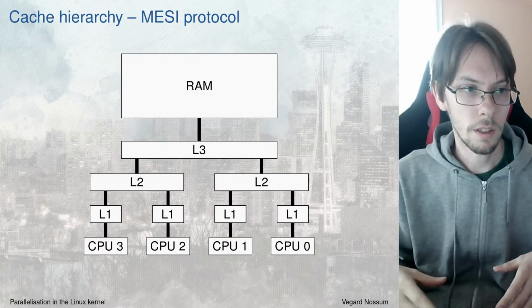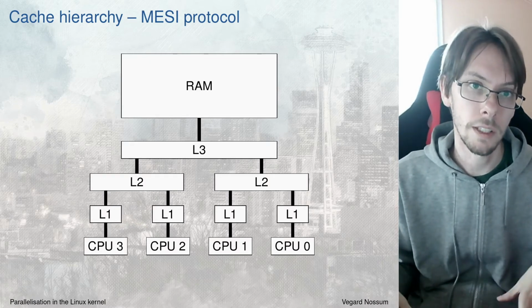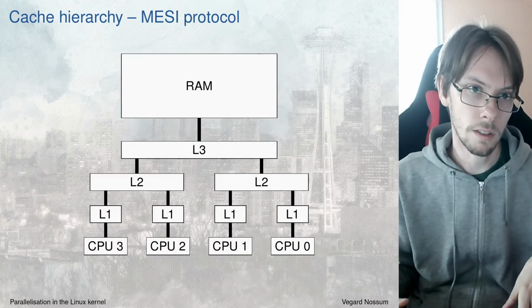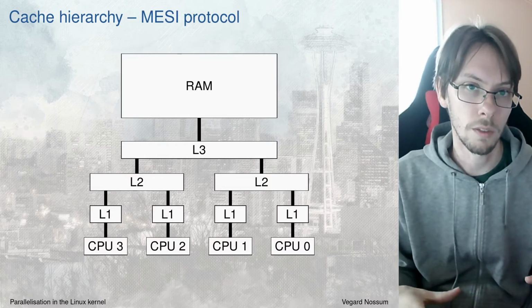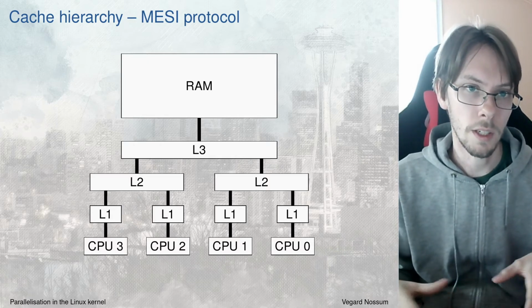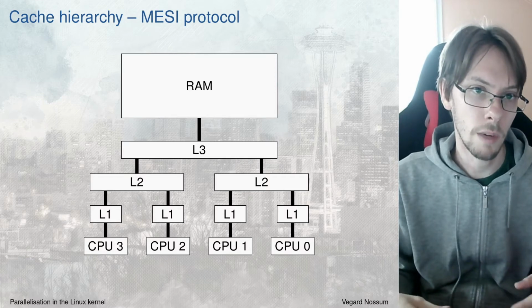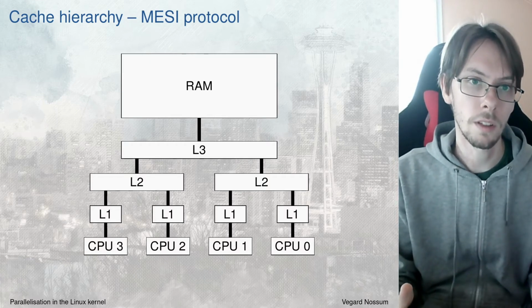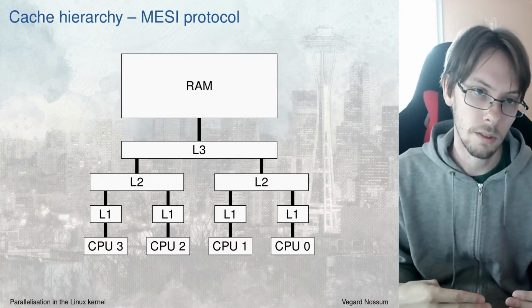There is a cache coherency protocol called MESI that's very widely used, and it basically says that only one core can have exclusive write access to any given cache line. So if two cores want to write to any part of the same cache line, this would cause the cache line to get written back by the core that currently owns it, and then read back by the core that's requesting write access.